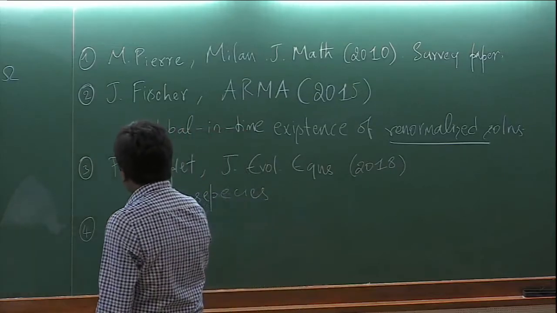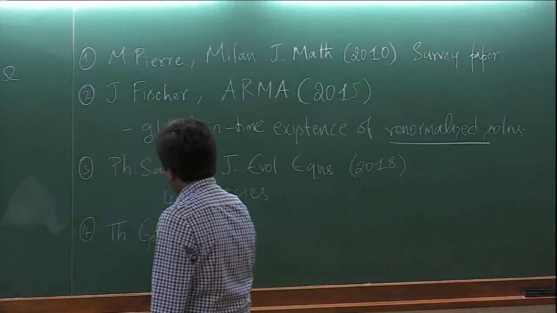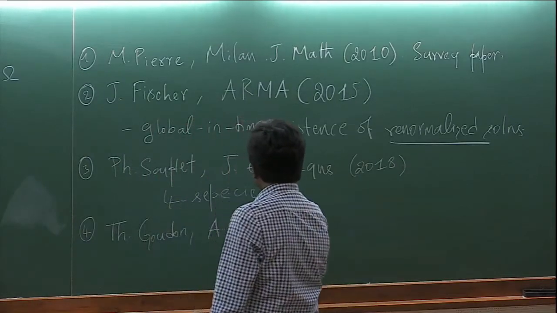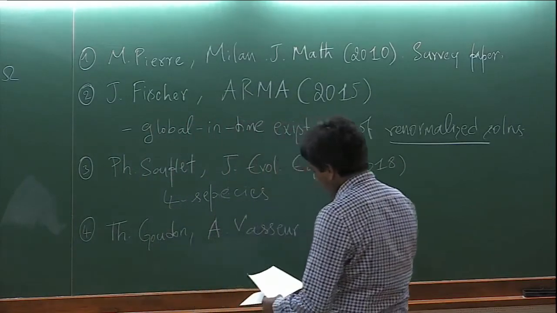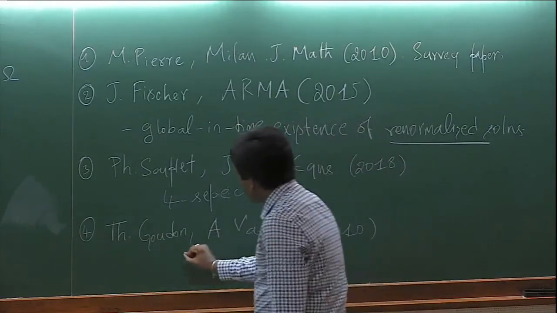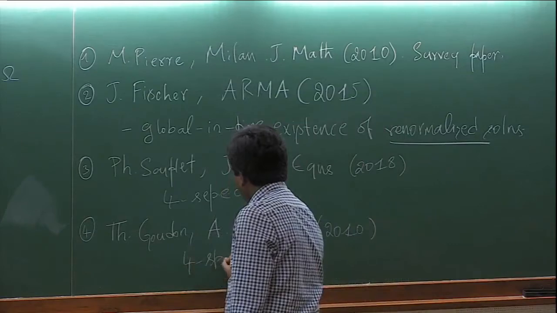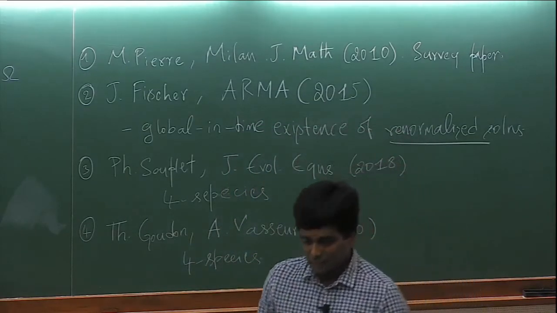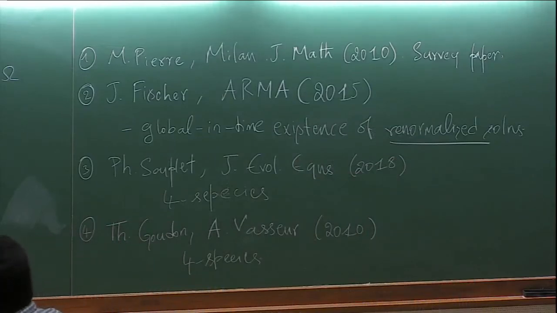There is also this work of Thierry Goudon and Alexis Vasseur from 2010, which again studied this 4-species model. They study some regularity theory. So if any of you are interested, I welcome you to refer to these.